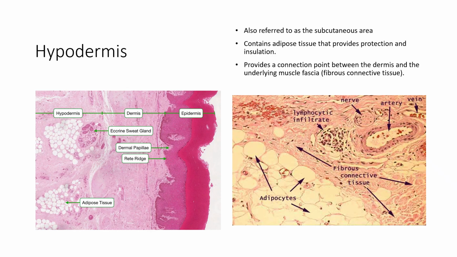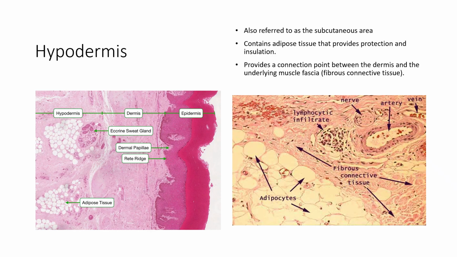Again, we also talk a little bit more about the vasculature. The larger vessels of our skin are in this hypodermal layer. We're going to see the arteries, the nerve bundles, the larger veins, lymphatic vessels. So this is now getting into the deeper tissue layers before we get to the muscle.